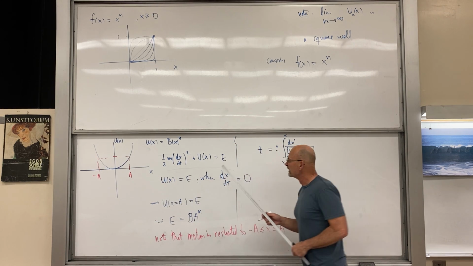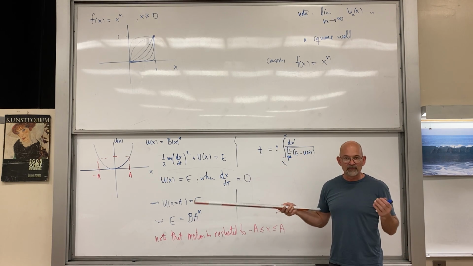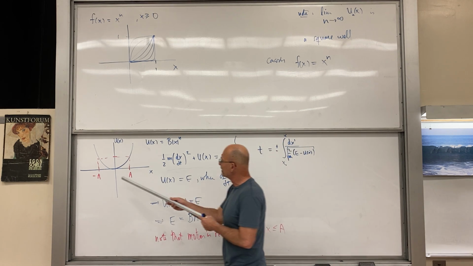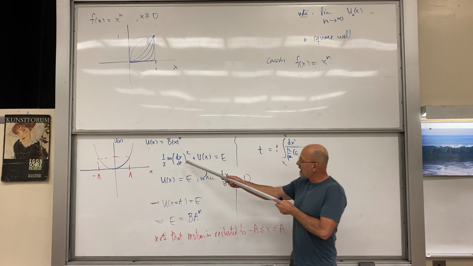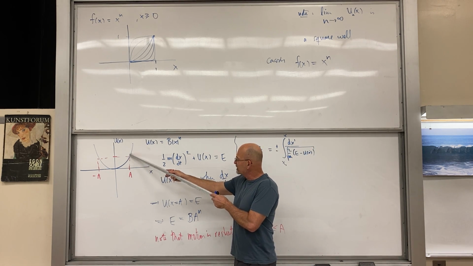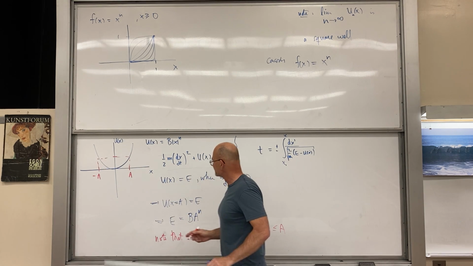So the example we did before with the free fall potential was not an oscillatory motion, but here we're restricted between minus A and A, because that's when the velocity vanishes. So here you would have the velocity vanishing. Here you would also have it vanishing.